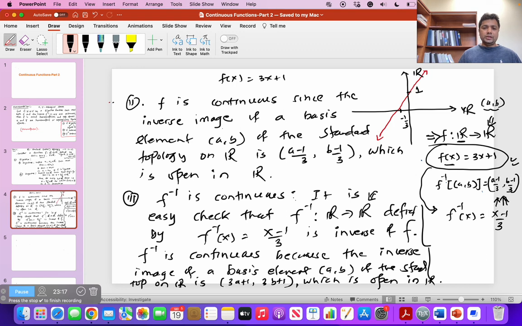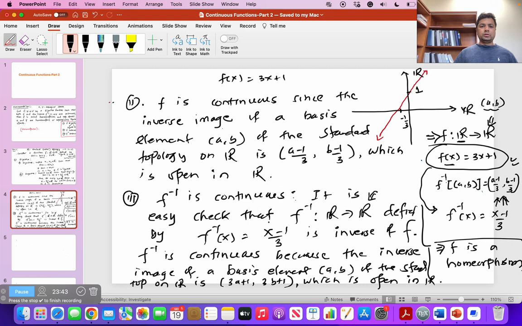So here we have proved that f satisfies all three conditions for a function to be a homeomorphism. So finally we can conclude that f is a homeomorphism from R to itself.